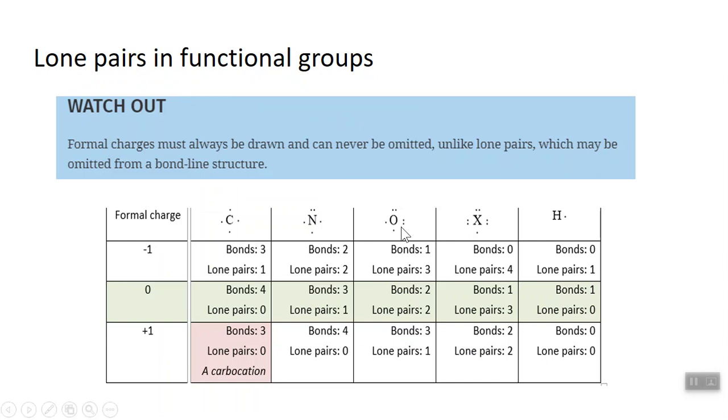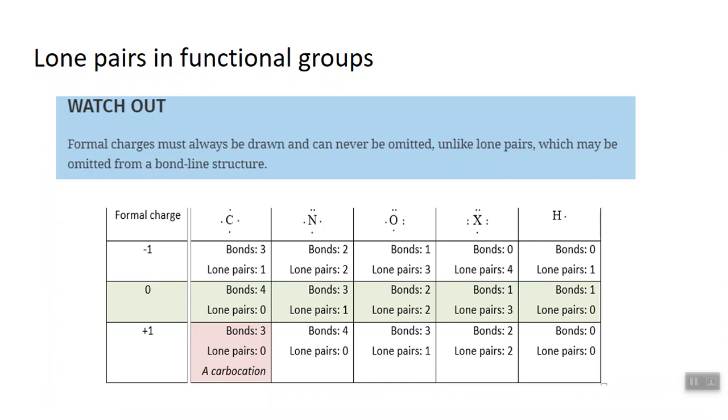If we're looking at the oxygen atom here, if we have a -1 charge, then there is 1 bond and 3 lone pairs. For neutral oxygen, it's 2 bonds and 2 lone pairs. And for a positive formal charge, it's 3 bonds and 1 lone pair. And there's not any choices there. If there's 1 bond and 3 lone pairs, then it has a formal charge of -1.